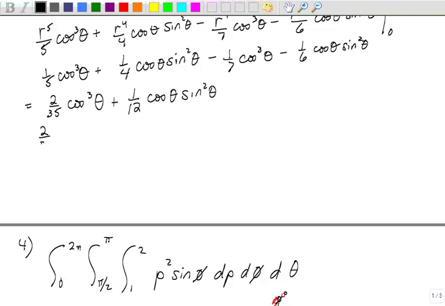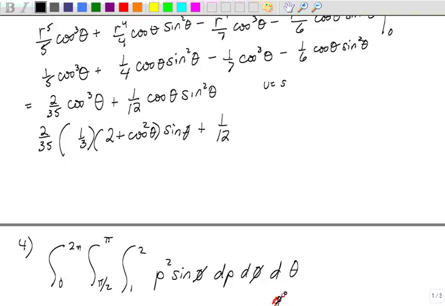Now I'm going to use the table here. Cosine cubed, okay, that's 1/3 times 2 plus cosine theta squared sine theta, plus 1/12.